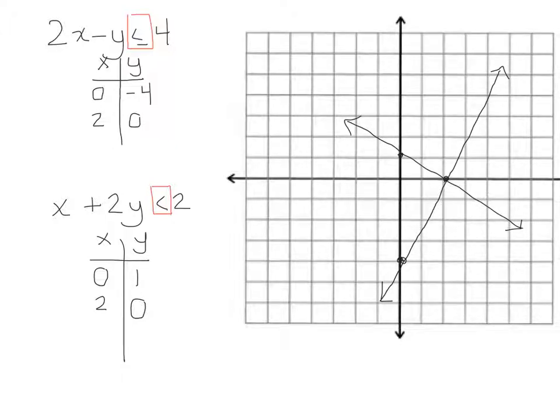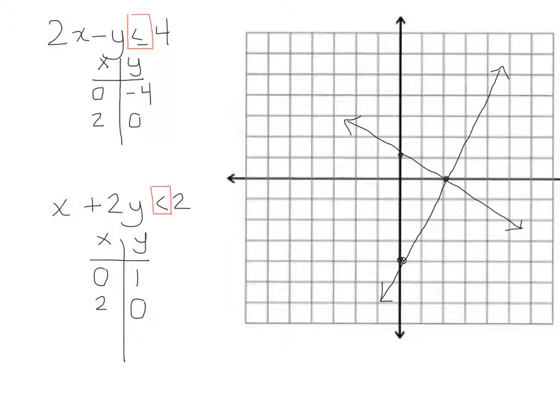So what I need to consider is which side of the line I should shade on. For the first line, if I substitute 0, 0 in for x and y, I'll have 2 times 0 is 0, minus 0 is 0. So now I ask, does that come out to be a true sentence?